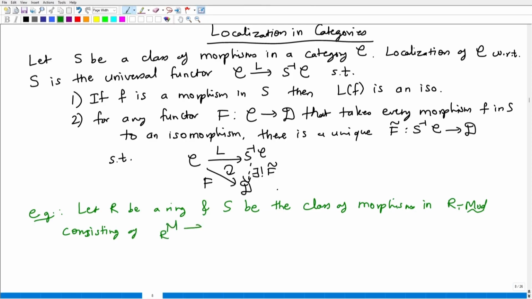So for any module M, the multiplication by 2 map.